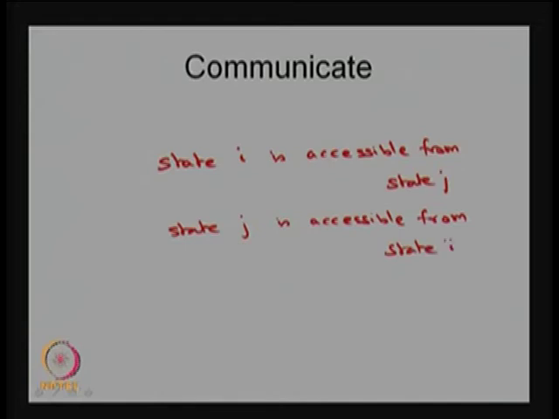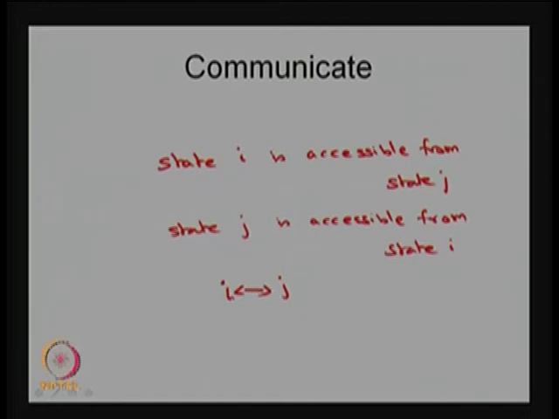Whenever the state i communicates with the state j, that means the state i is accessible from state j as well as the state j is accessible from state i. In notation, we can use the notation i double arrow j. State i communicating with the state j means state i is accessible from state j as well as the state j is accessible from state i.